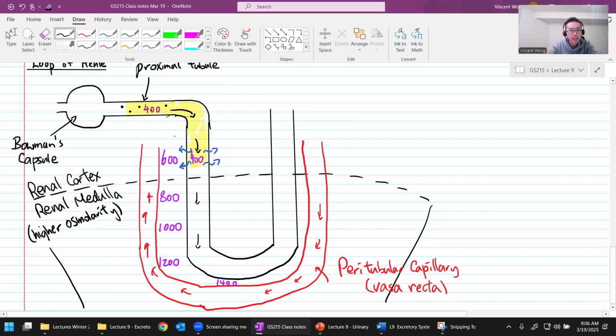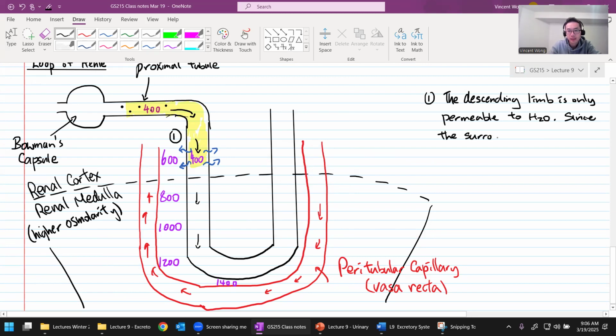So I'm gonna say one here, and I'm gonna put a note here. The descending limb is only permeable to water, since the surrounding tissue has higher osmolarity, higher salt concentration, water leaves the filtrate.